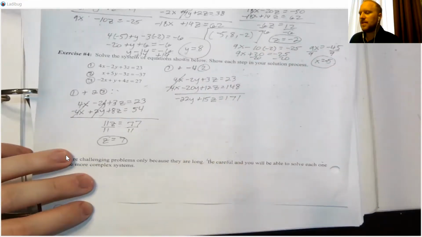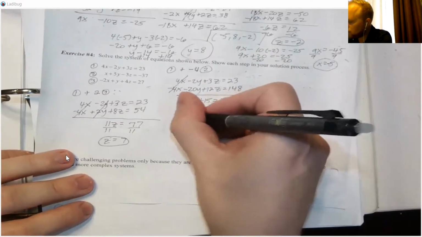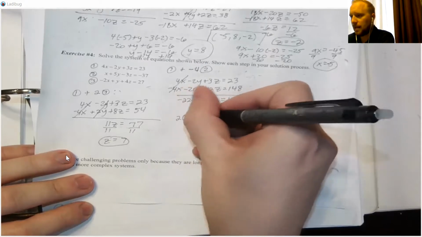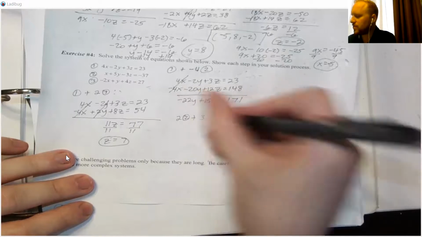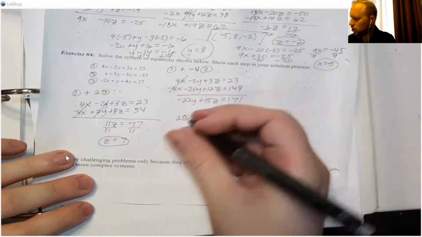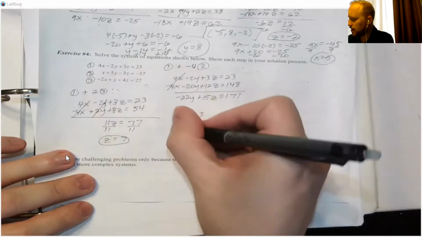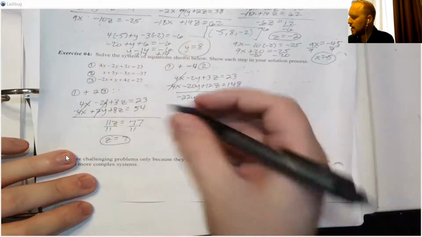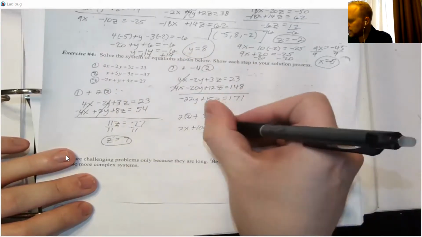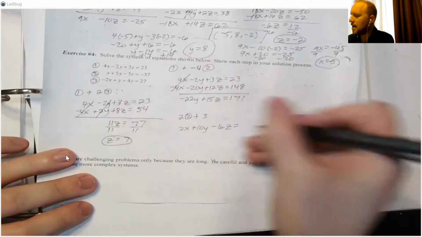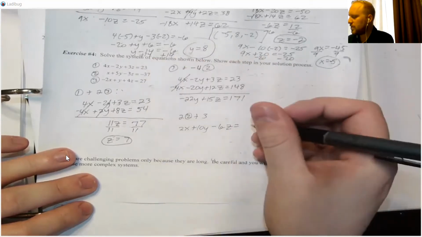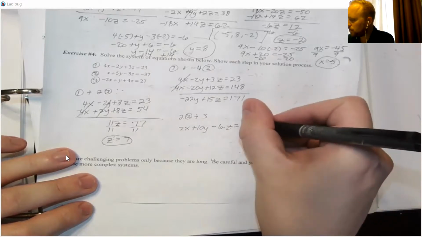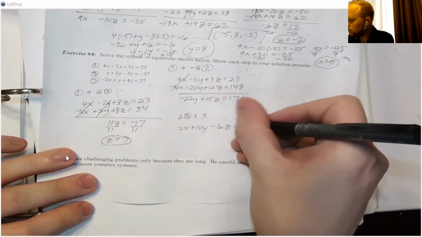Okay. Then I'm going to take equation number 2. I'm going to multiply that one by 2. And I'm going to add that to the third equation. So if I multiply the second one by 2, that would give me 2x plus 10y, because 2 times 5 is 10. And 2 times -3 gives us -6z. And 2 times -37 would give us -74.